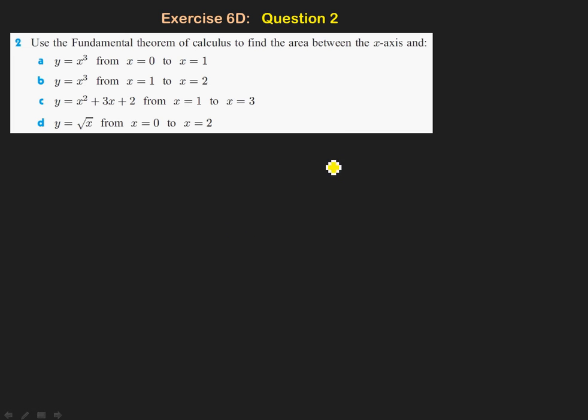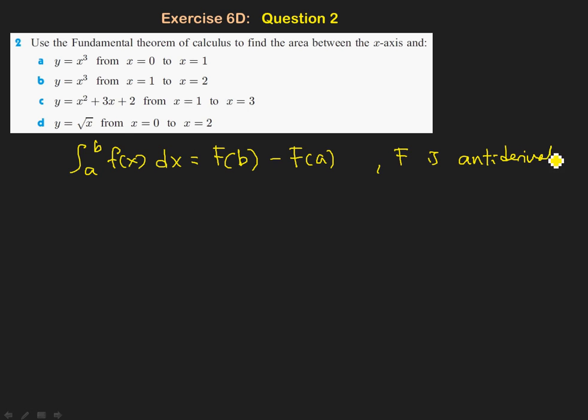Now the fundamental theorem of calculus says that if we know the antiderivative of a small f, then all we need to do to calculate this integral is to just replace the value of x by b and subtract F(a). Now big F here is the antiderivative of a small f.